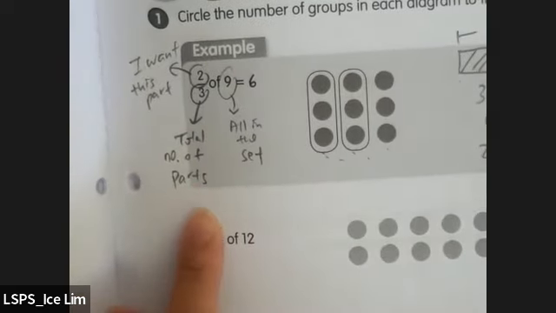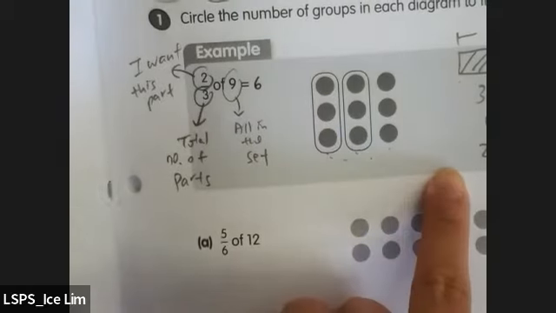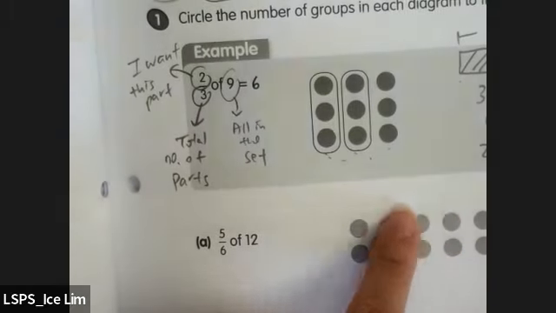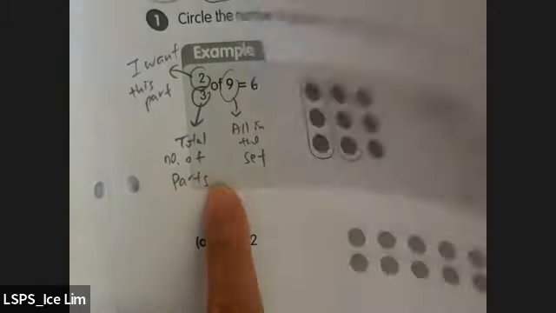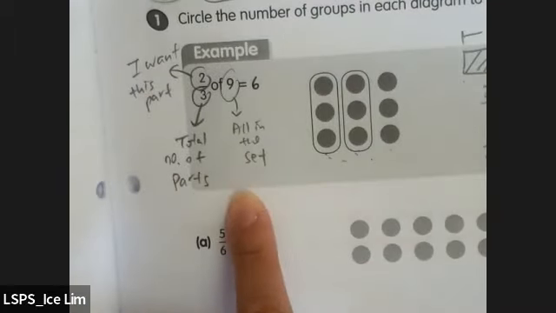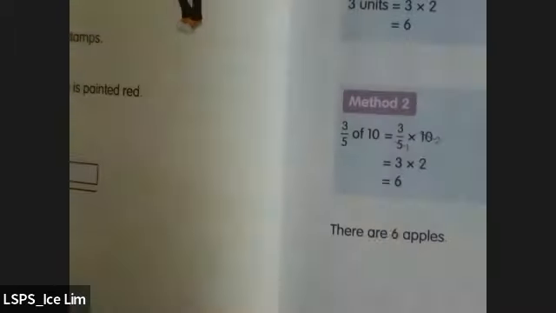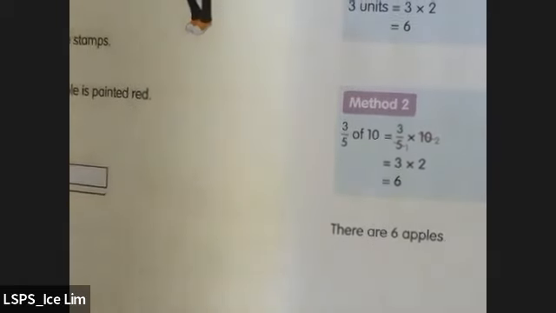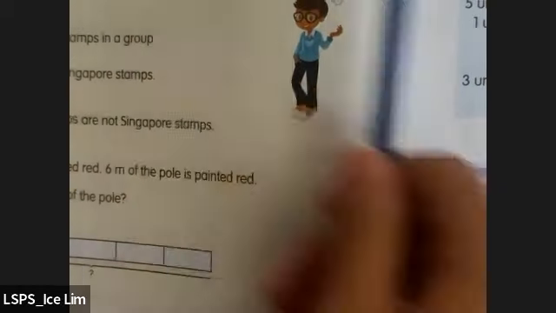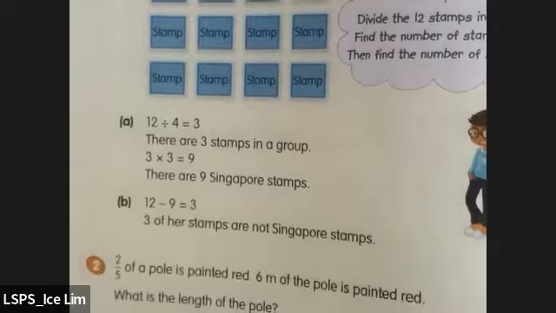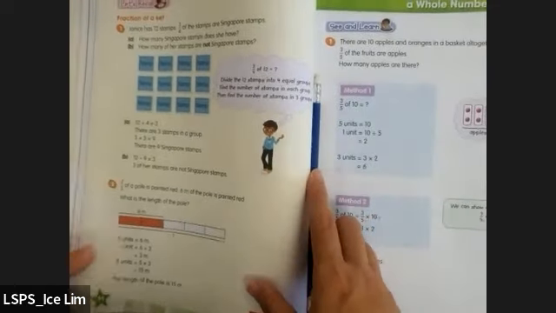Then I told you that, hey, if you look back and revise your P4, you realize there are other ways in multiplication. So if you look at our textbook now, I'm on our textbook pages 64 and 65.